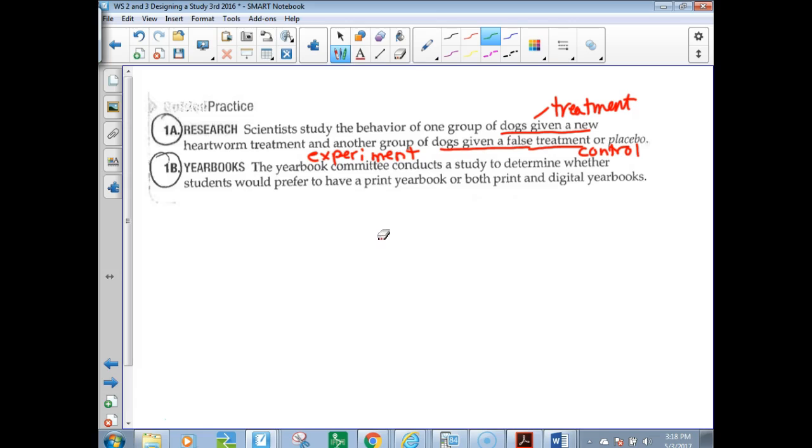This one: the yearbook committee conducts a study to determine whether students would prefer to have a print yearbook or both print and digital. So what would you be likely to do to find that information out? Because you want their opinion, you would do a survey. It calls for a survey.